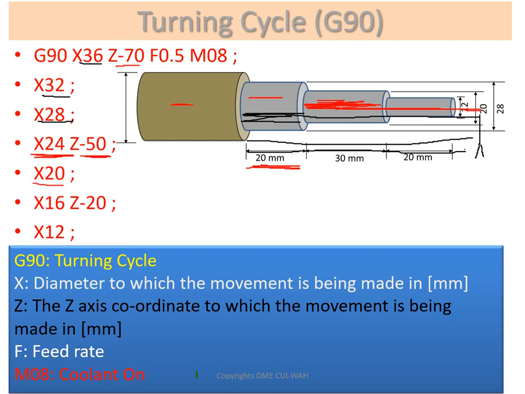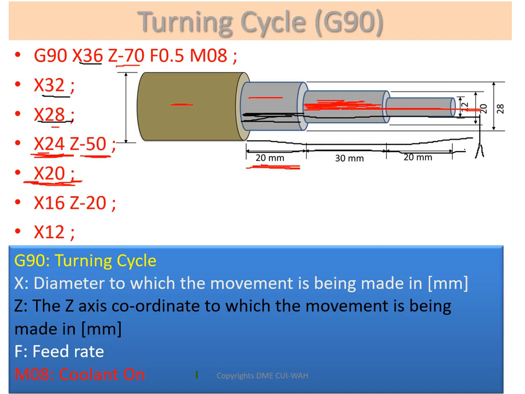Here you see this command. In the first step, it will move to Z minus 50 and reduce the diameter from 28 mm to 24 mm. Then in the next part, the diameter will be reduced from 24 mm to 20 mm. This part is now 20 mm when it is finished.